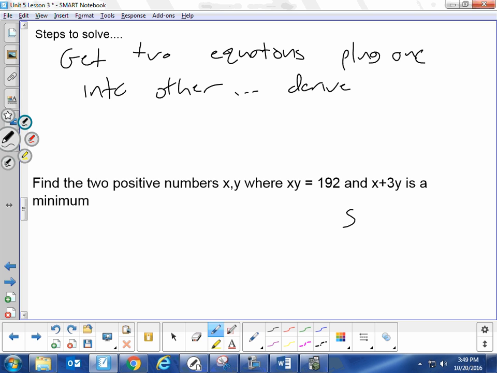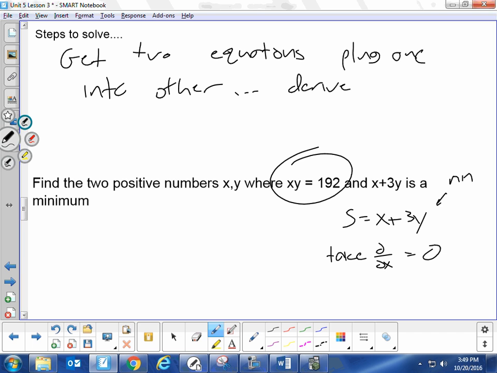The sum of x plus 3y is what we're trying to minimize. How are you going to minimize? You're going to take this derivative and set it equal to 0. But don't do it yet, because we have another piece of information.